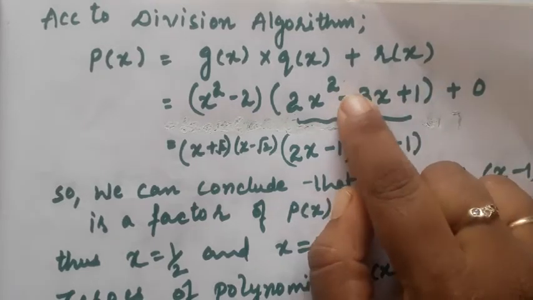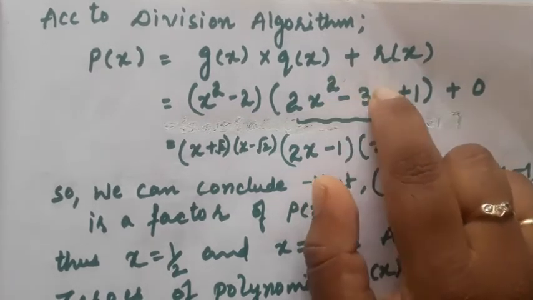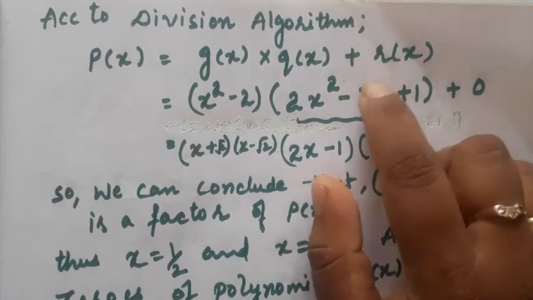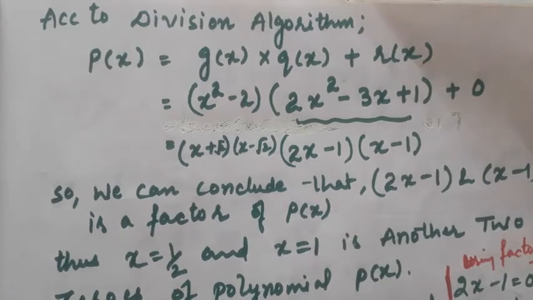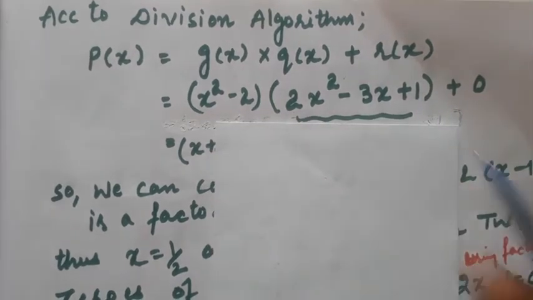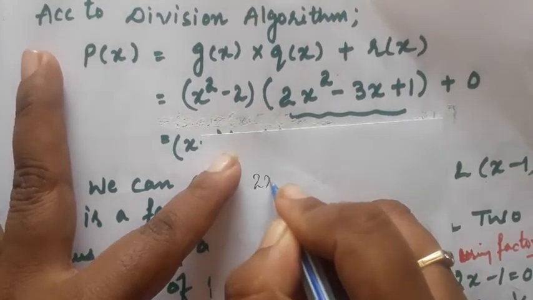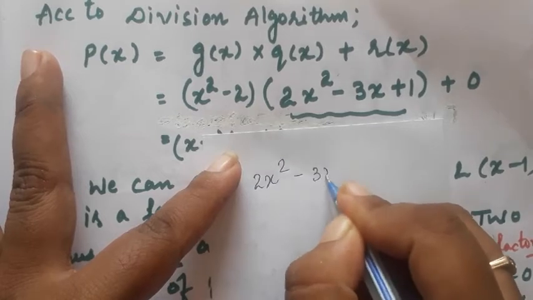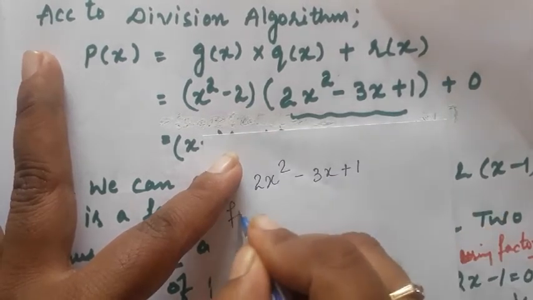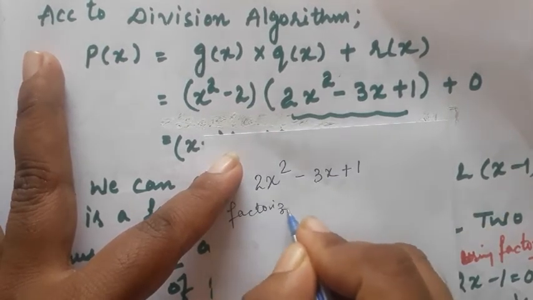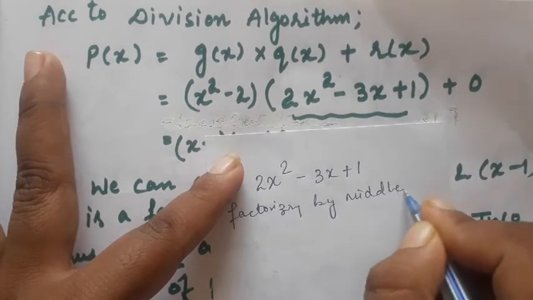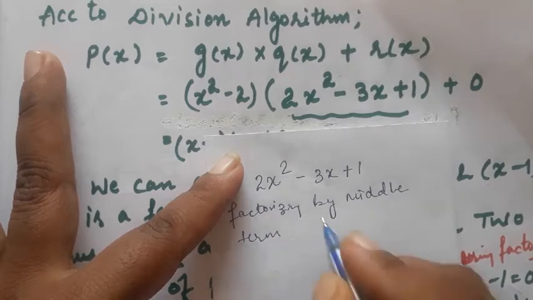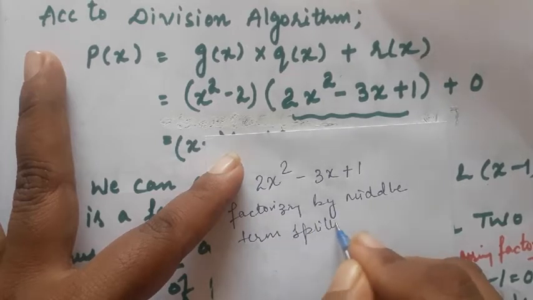Now we will factorize these things, or we will split this thing by middle term splitting. So here I am doing it. See, 2x raised to power 2 minus 3x plus 1, I am factorizing by middle term splitting.